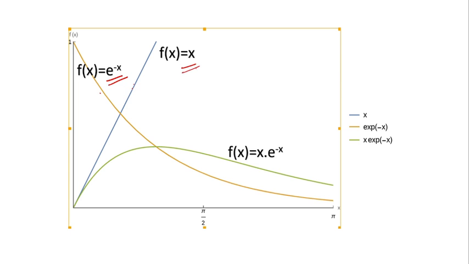So the product of these two functions, the first function which I mentioned goes like this, and the second one is basically a straight line which goes like this. So the product of these two functions is going to lie as shown in this green curve.